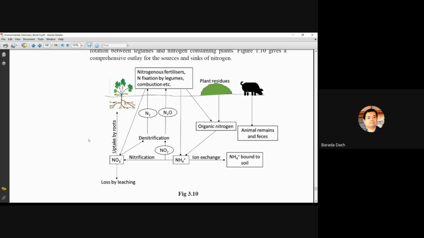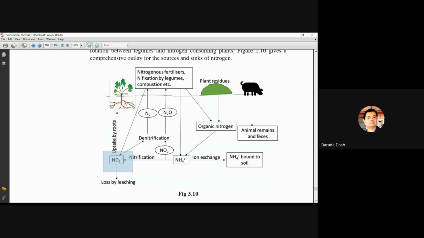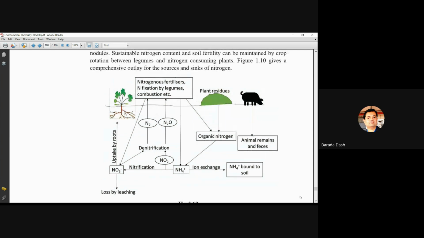Basically the denitrification process doesn't help plants, but the nitrification process helps plants, where ammonium ion or ammonia present in the soil is converted to nitrate, and this nitrate can be easily taken up by the roots of the plants as a source of nitrogen. Therefore nitrates are the source of nitrogen for the plants, not ammonia or nitrogen gas.